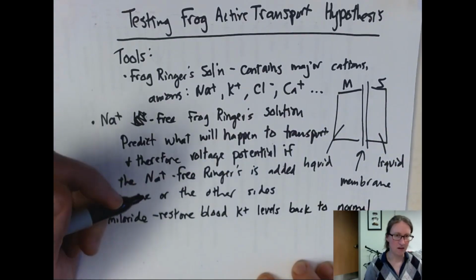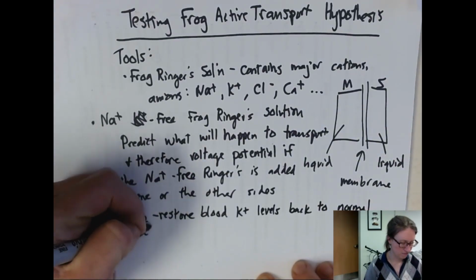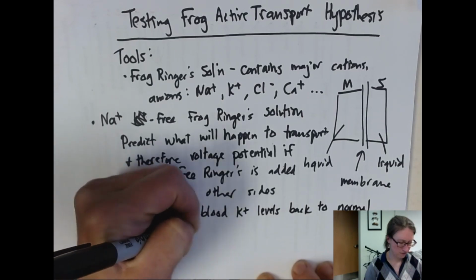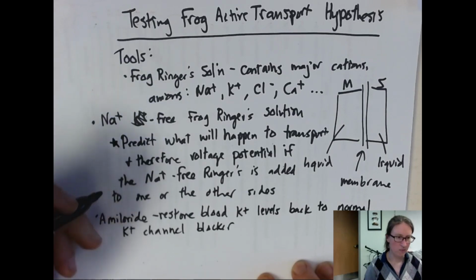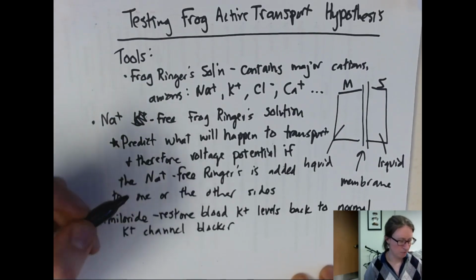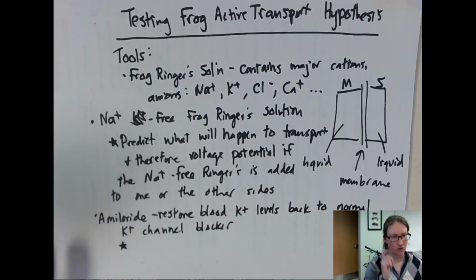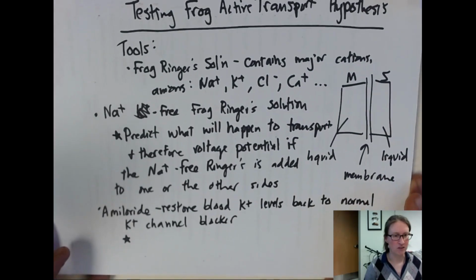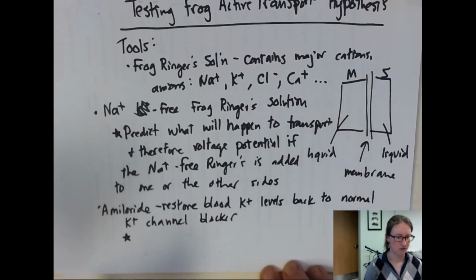And it does this by being a potassium channel blocker. So again, what I'd recommend doing is coming up with predictions based on that model of transport that I showed you for what you'd expect to happen if you added amiloride to the mucosal or serosal sides.